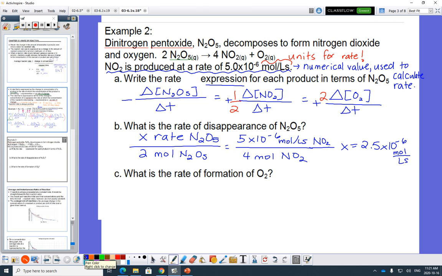And then we can do the same thing here. Now you can use your answer for this. Or again, for whatever reason, people don't trust themselves. Usually people go all the way back to the original, which is fine. What's the rate for oxygen? Its coefficient is 1.